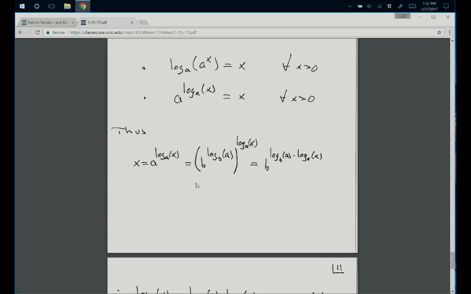Stirling's formula allows me to replace n factorial by this expression: square root of 2 pi n times n to the n over e to the n times 1 plus theta of 1 over n, all over n to the n. I'm sure a lot of people are looking at that factor and saying, oh my God, that is the ugliest thing I've ever seen. I don't want that. Make that go away. But that's actually nothing.